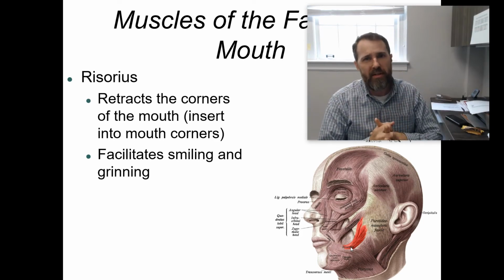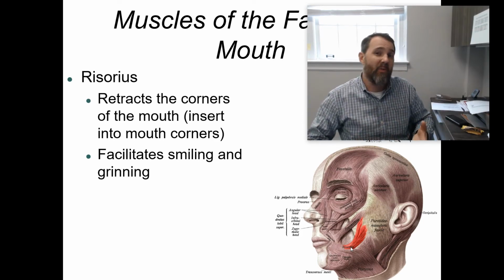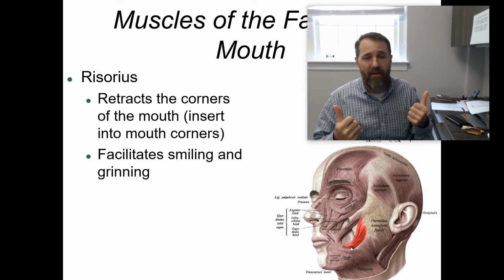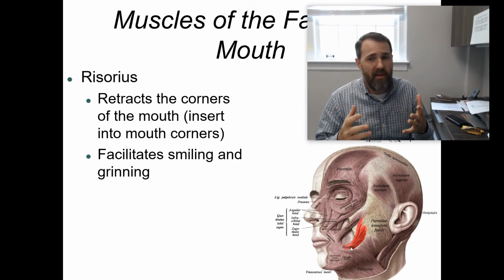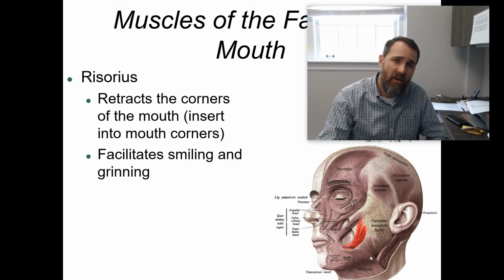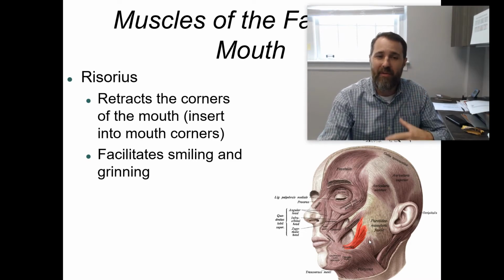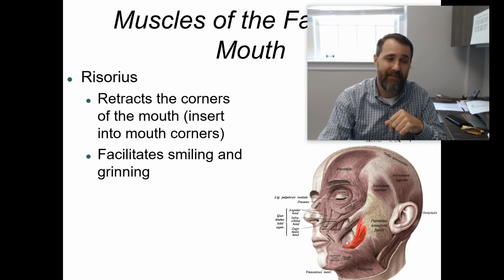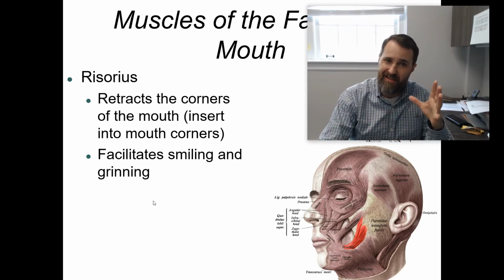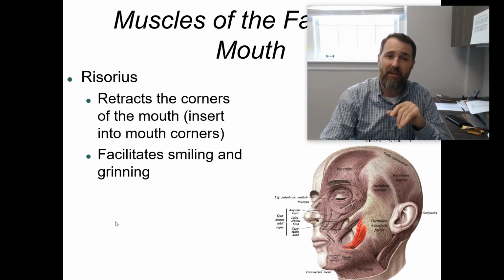So the risorius is responsible for helping to retract the corners of the mouth. It's not the only muscle that does that. It's one of them. So the risorius facilitates retraction of the corners of the mouth, and that is smiling. So risorius, think retracting the corners of the mouth, helping to smile.